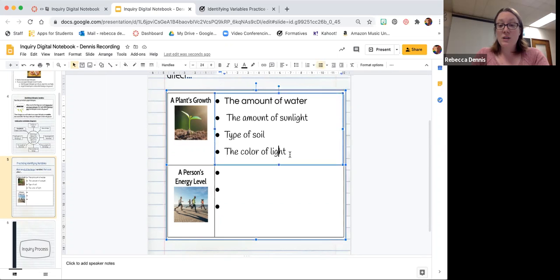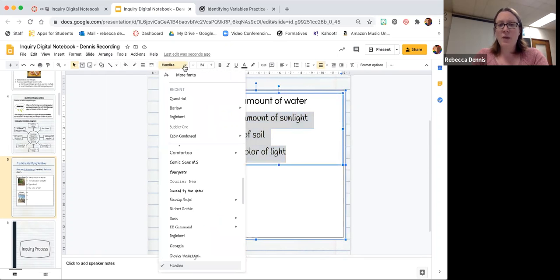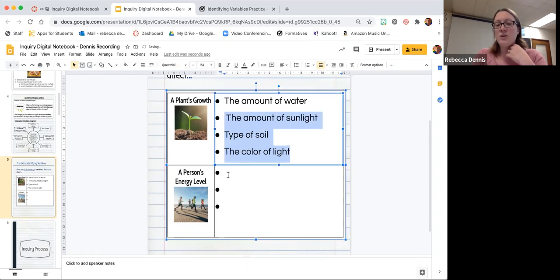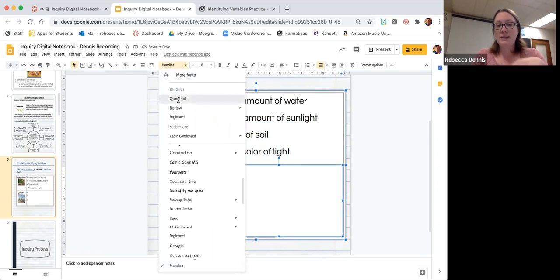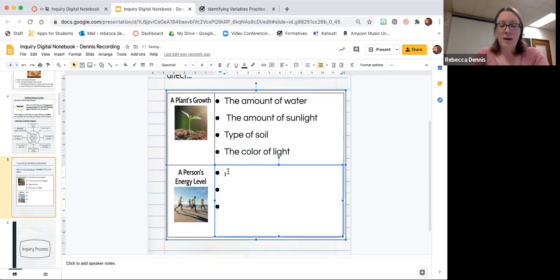The next one is a person's energy level. So let's think about that. What are some of the things that could affect your energy level? Some of the things that came up in class included, ooh, this is really tiny. Let's make sure that that's bigger so you guys can see it.